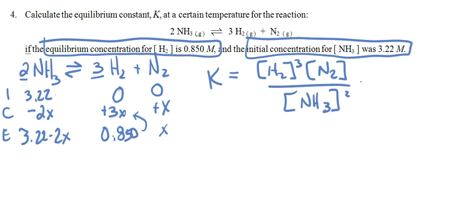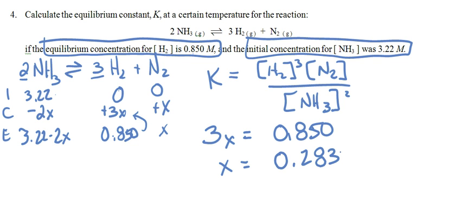And we're actually going to solve for what K is, so we don't have a value for that. We also know that 3x is equal to 0.85. So we need to find out what that is. So 0.85 divided by 3. So x is 0.283.